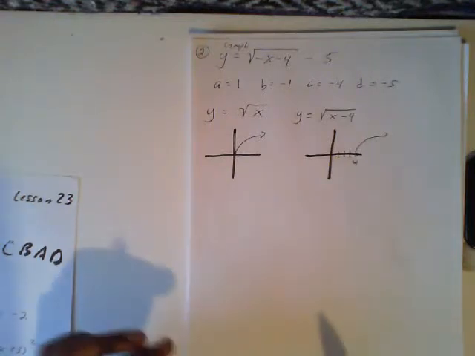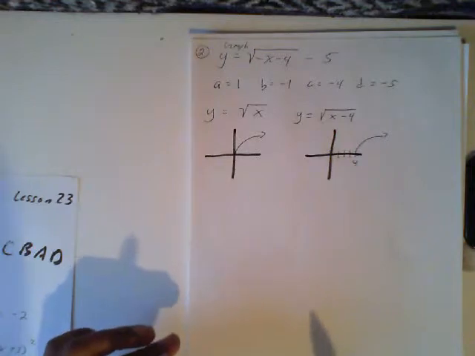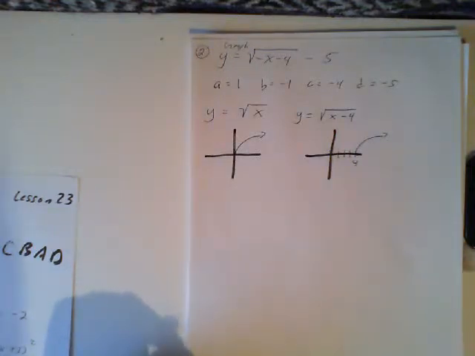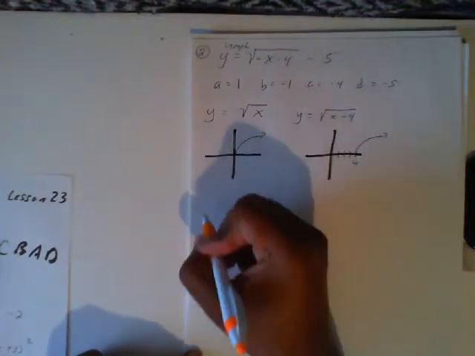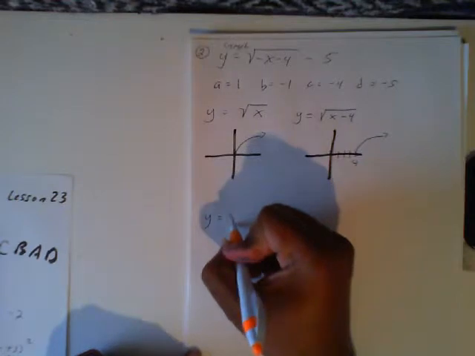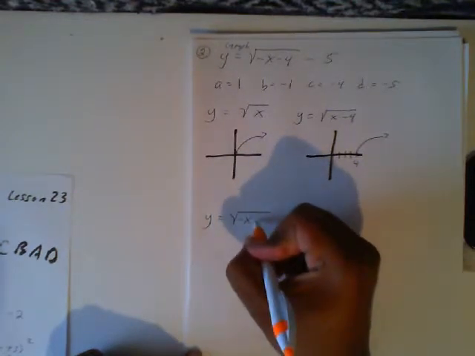Okay, next will be our A parameter, which is understood 1, so we'll skip that and go to our B parameter, my fault. B parameter, which is a negative 1 on the x. So this will be y equals the square root of negative x minus 4.